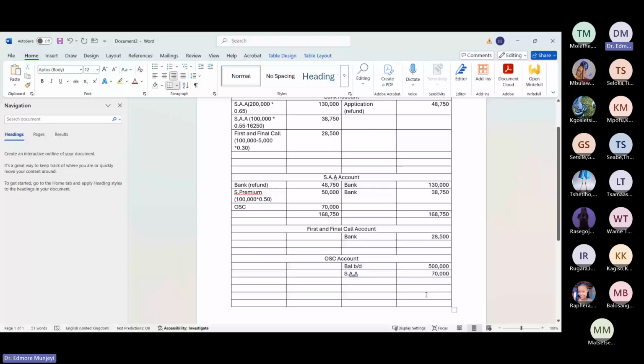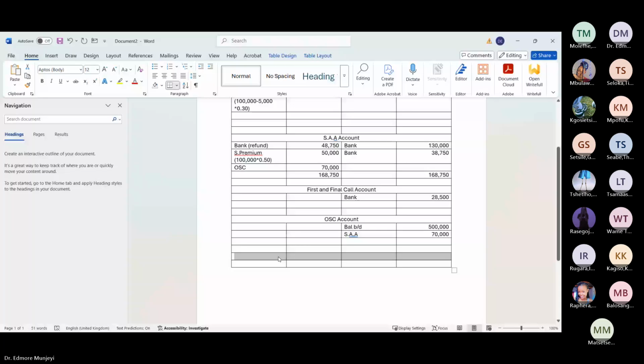So we are going to open a share premium account to be able to credit that 50,000. So our first entry in the share premium account is from the share application and allotment. We credited 50,000.